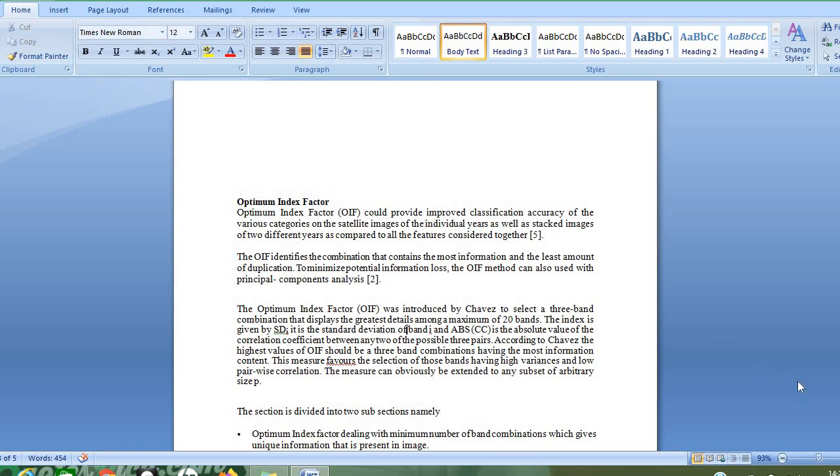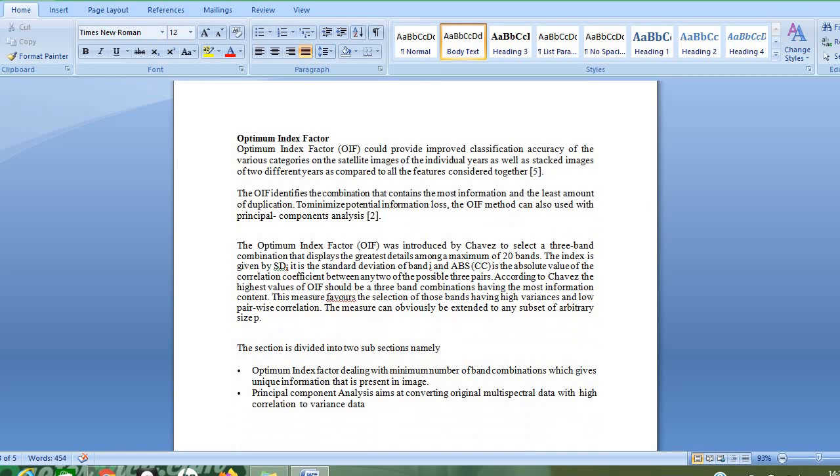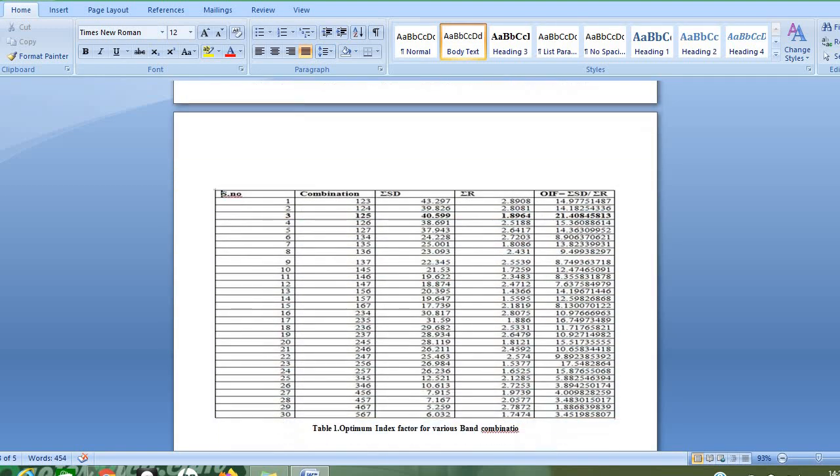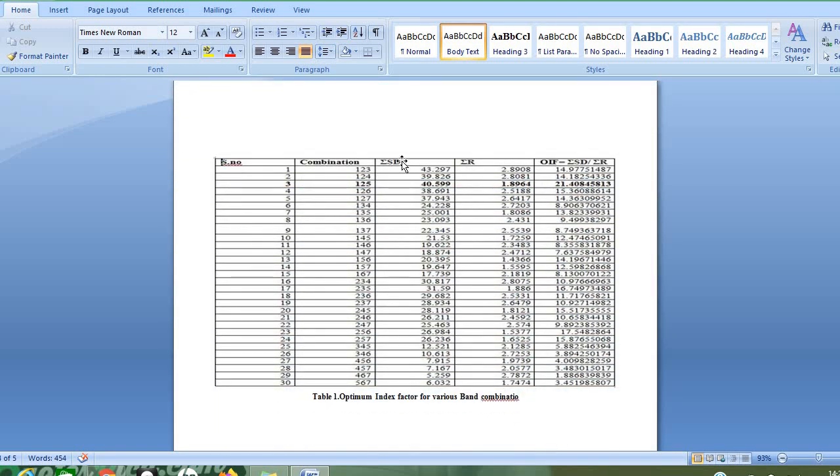Now these are the different combinations of the bands. Here I got 30. How can we say how many? Initially I had 7 bands, and I have reduced from 7 bands to 3 bands.